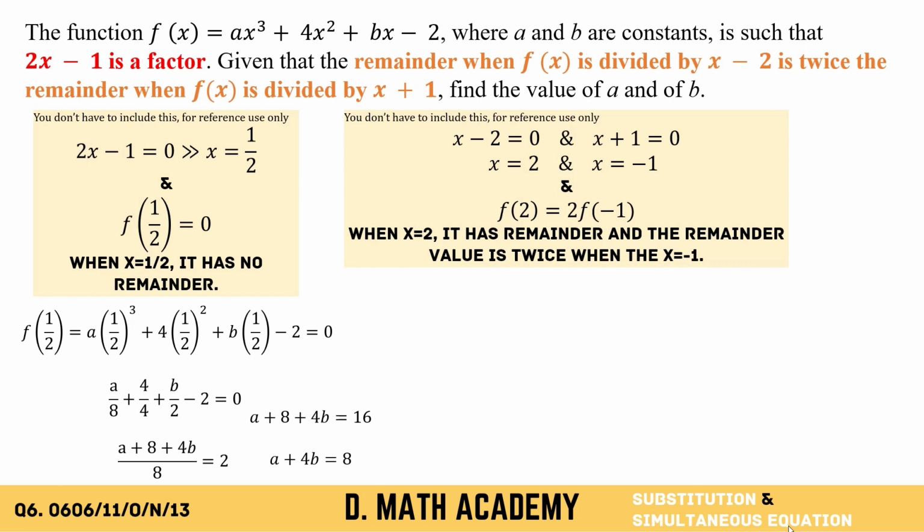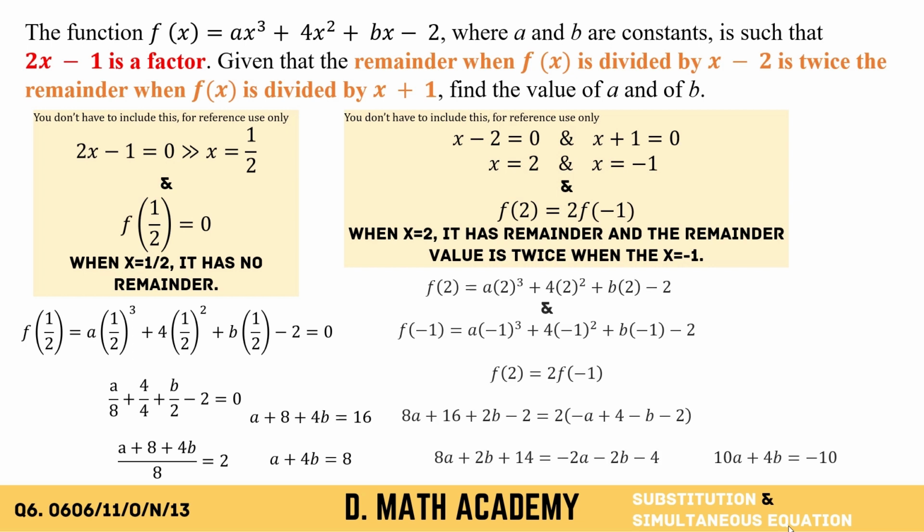So what I did there was to shift the negative 2 to the other side first and try to make the rest with a denominator of 8. By running the calculation and shifting the 8 away through cross multiplication, I will get 8 plus 4b equals 16. So my a plus 4b equals 8 will be the final equation.